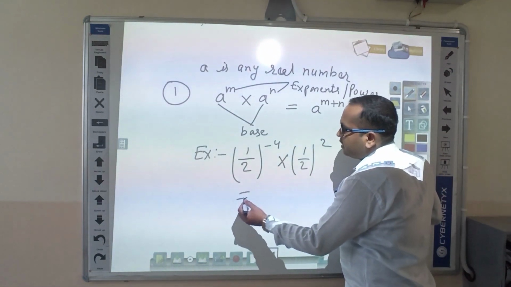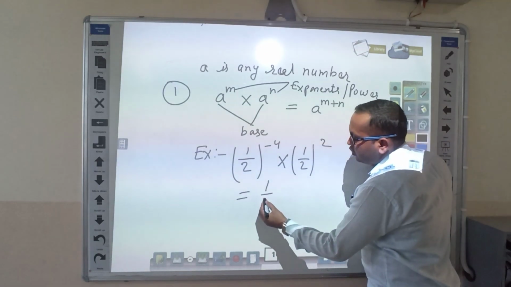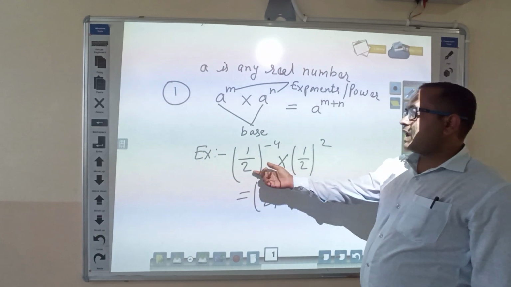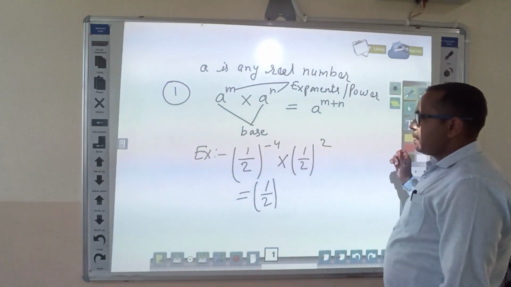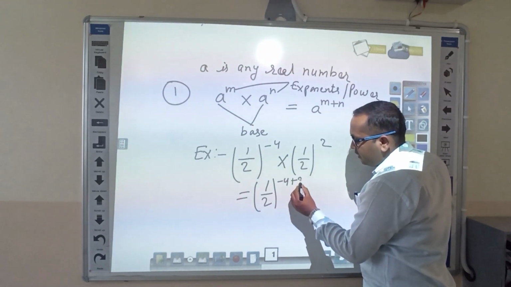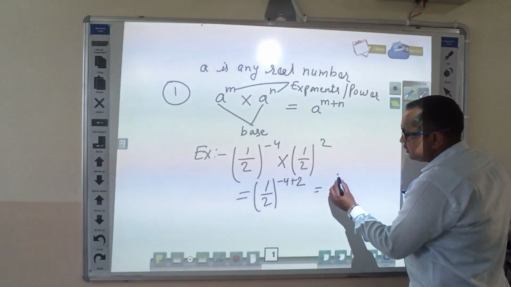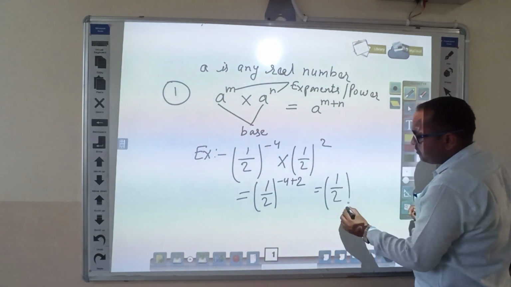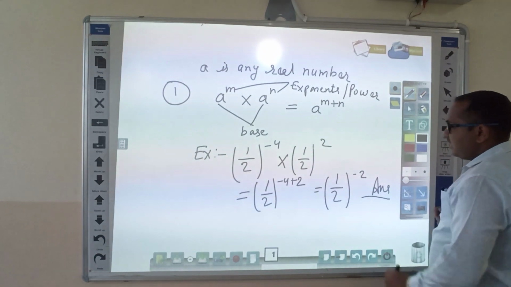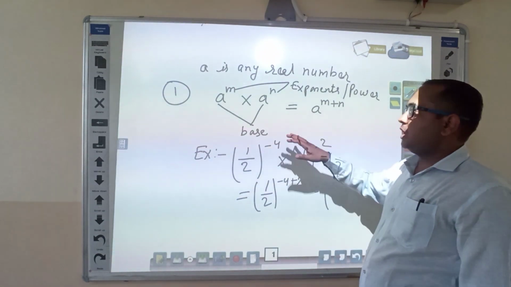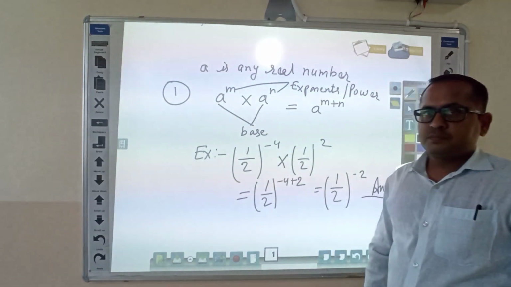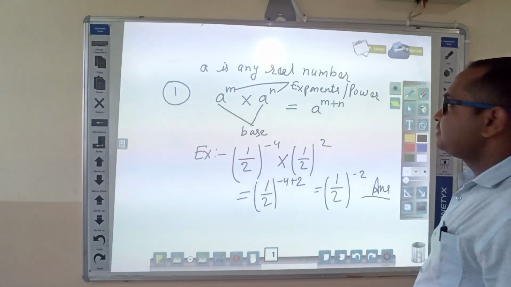So we take 1 by 2 as common, and when these two are in multiplication, we add the exponent. So minus 4 is added with 2. So it gives 1 by 2 to the power minus 2. This is our required answer according to the first law of exponent. Please write it in your copy.